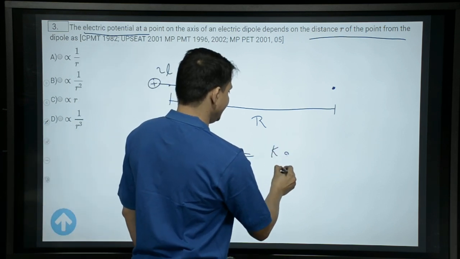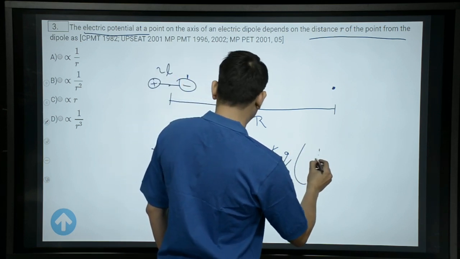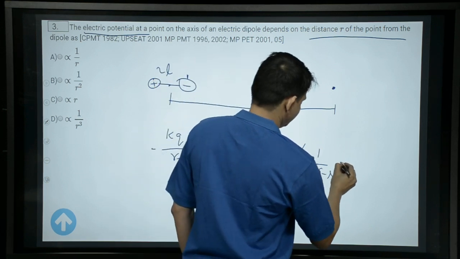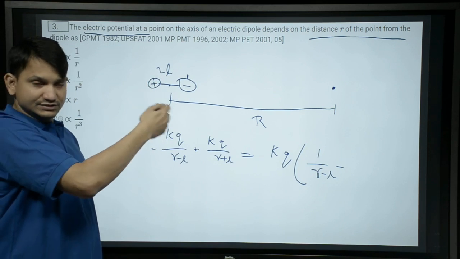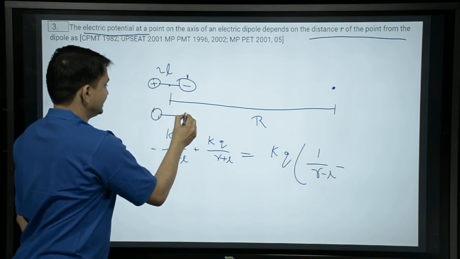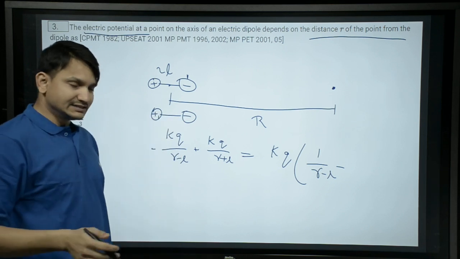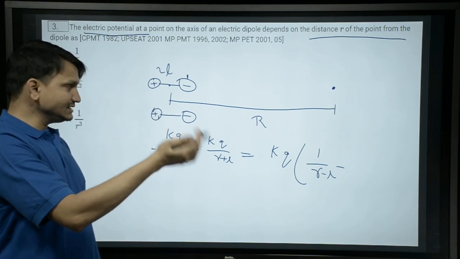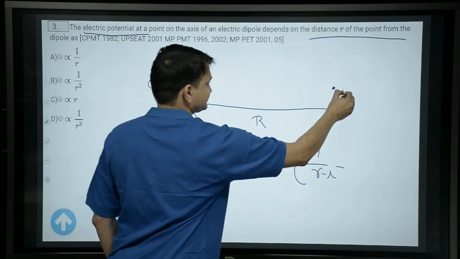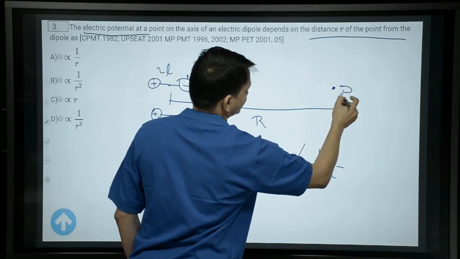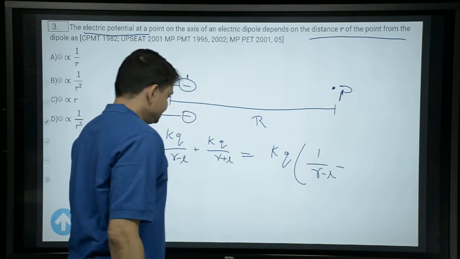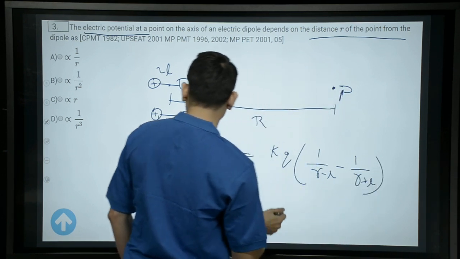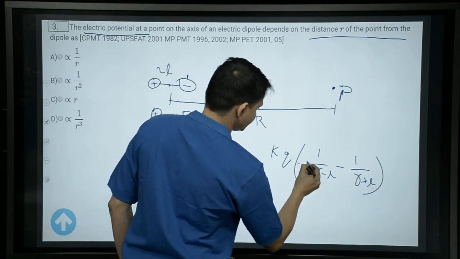Subtracting, we would be getting KQ, the whole 1 by R minus L plus. So this could have been in the opposite direction too. This could have been in this orientation as well. So considering this part where the negative charge of the dipole is towards that point P, we are getting 1 by R minus L minus 1 by R plus L, or vice versa, something like this.